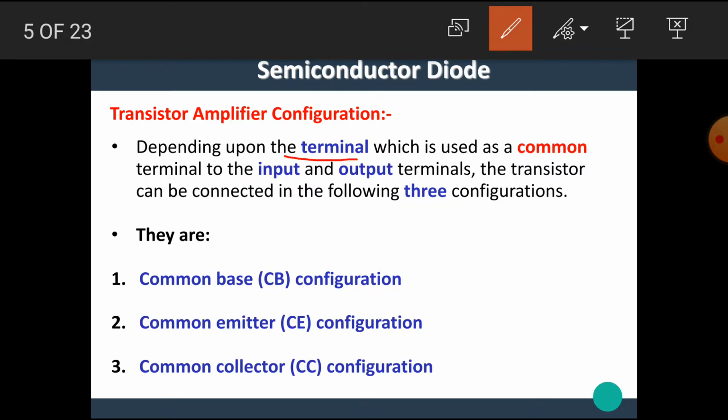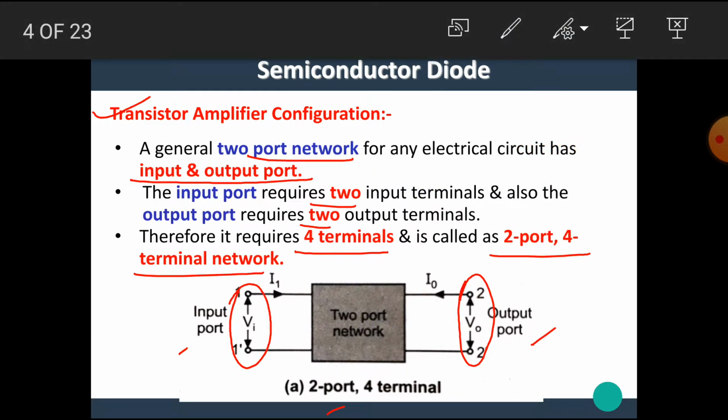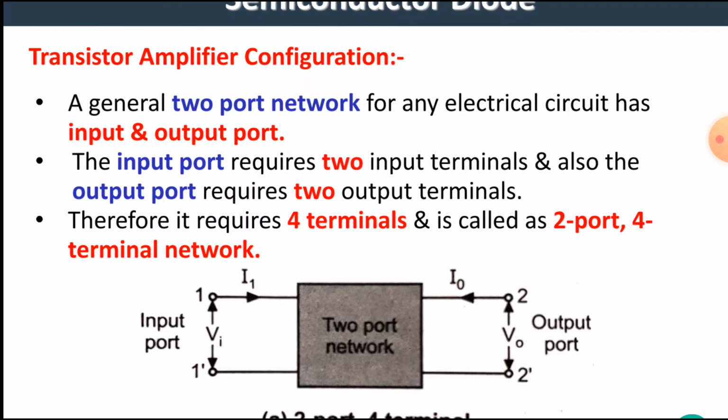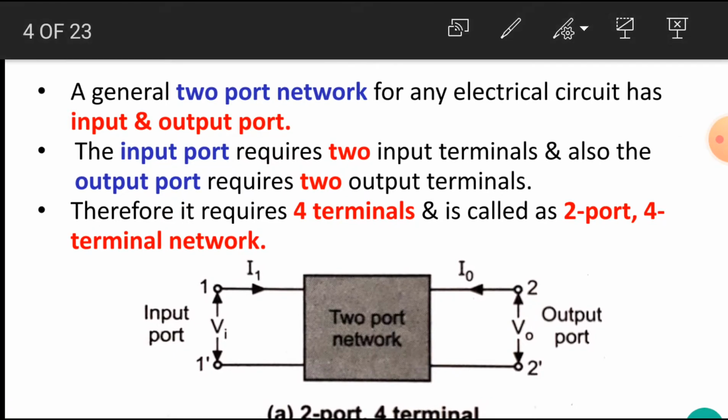Depending upon the terminal which is used as a common terminal to the input and to the output terminal, the transistor can be connected in the following three configurations. First one is common base configuration, second is common emitter, and third one is common collector configuration. It is very simple: to use a transistor in a network, we have to make one terminal common.